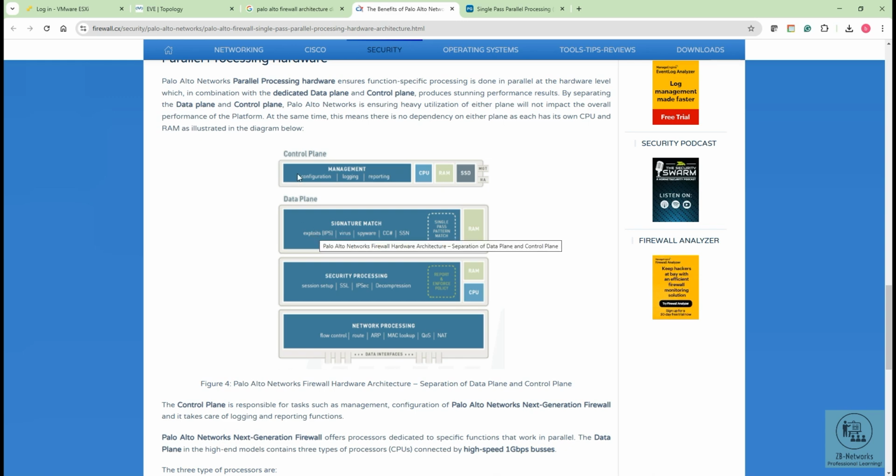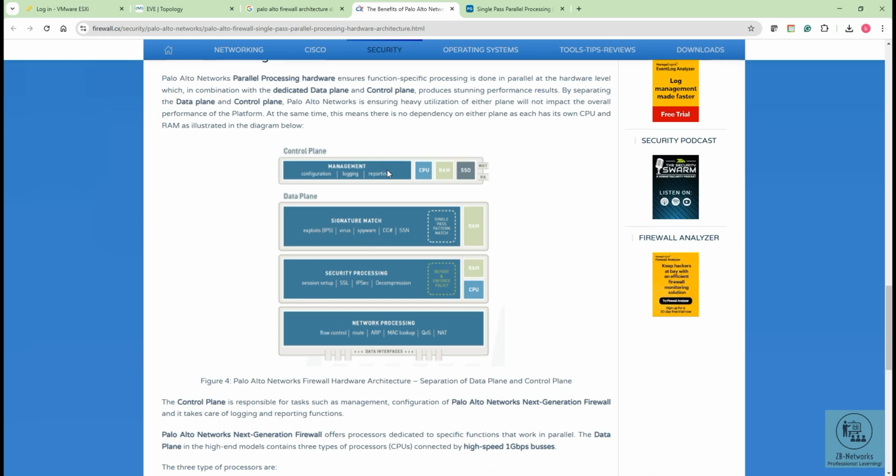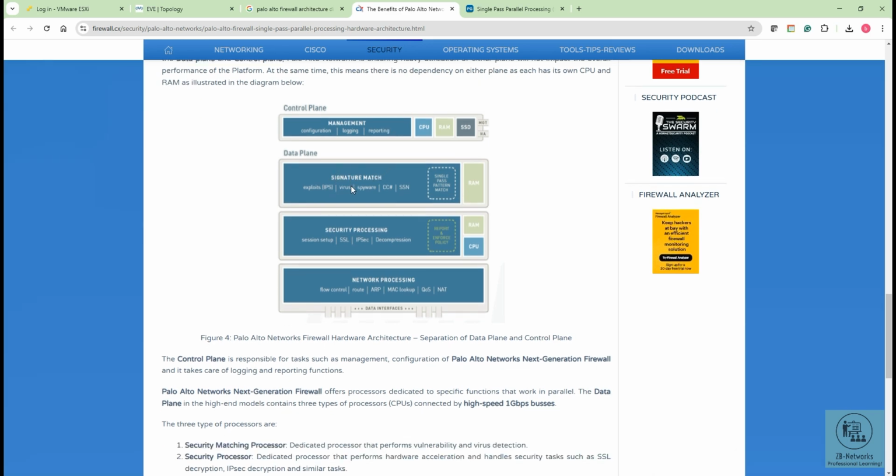Consider the control plane. It is the plane responsible for management functions, which define configuration, logging, and reporting. That means it has its dedicated CPU, RAM, SSD, and its console port or management port is part of this control plane. So the firewall's management port or console port is managed via the control plane. In case of the data plane, it has its dedicated RAM and dedicated CPU, right?